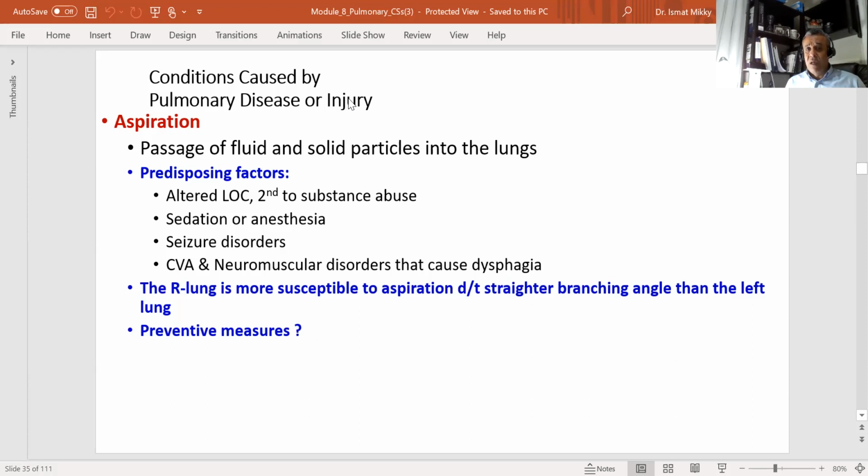In terms of fluid, the liquid may need to be thin or thickened, and the solid food may need to be a pureed diet or semi-solid. So there are specific guidelines in terms of the consistency of fluid and solid food.